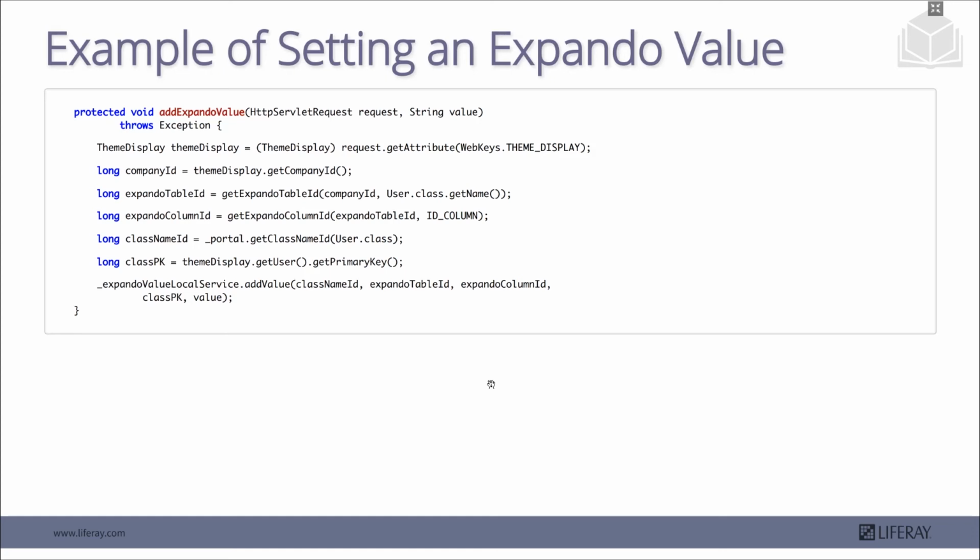The second part is we're going to take a look at the ExpandoValue, right? So the ExpandoValue here is the actual value that we can enter within the custom field or the ExpandoColumn that we create. So using the theme display object to help us get some Liferay specific attributes, we're going to use that theme display object to get the company ID.